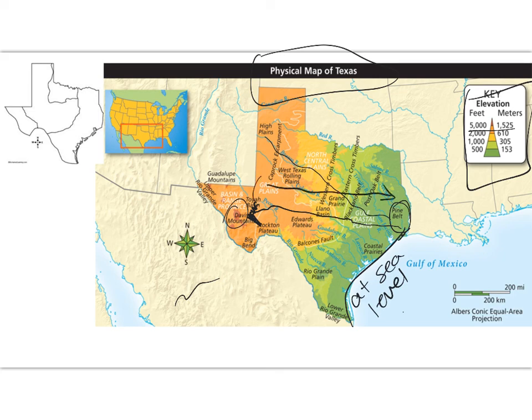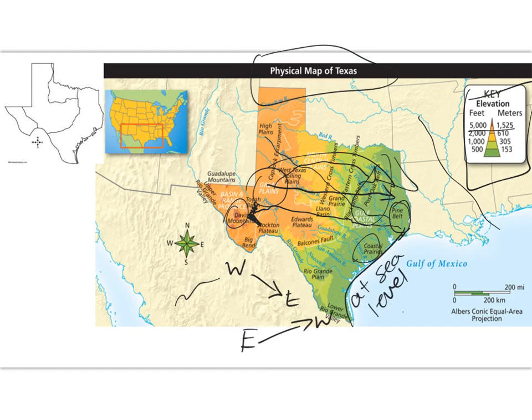Like, say you want to hang out in the Great Plains and you're like, I'm bored with this, I'm going to the Post Oak Belt, which is right behind the Pine Belt and the coastal prairies. Mentioning the subregions because they're a little bit important at some points. If you're going this way, you're going downhill. So if you're going from west to east, you're going down. But if you're going from east to west, you're going up. Okay?